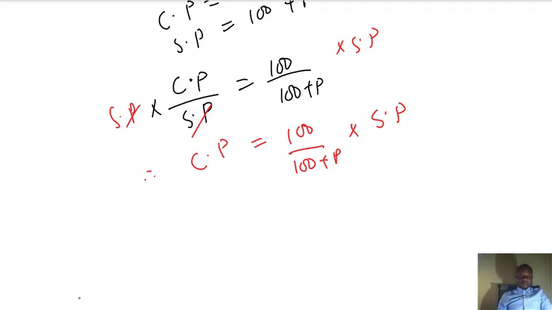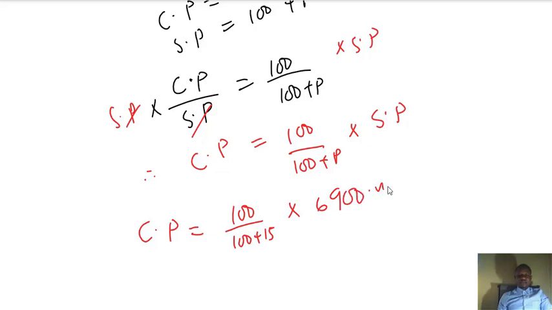So let's do the substitution. The cost price of the article is going to be 100 over 100 plus the profit percent, which is 15, times the selling price, and he sold it at 6,900 naira. So CP equals 100 over 115 times 6,900 naira.